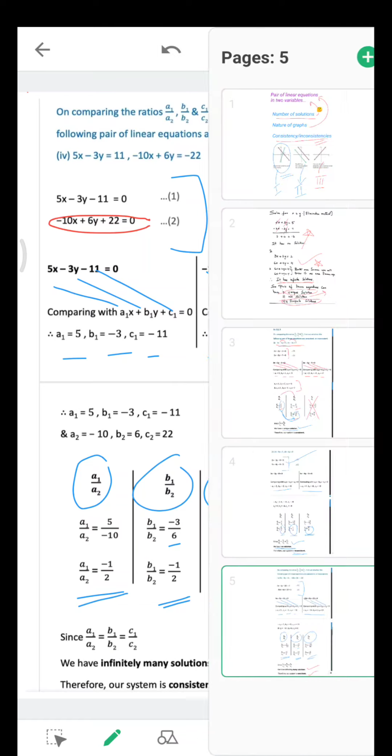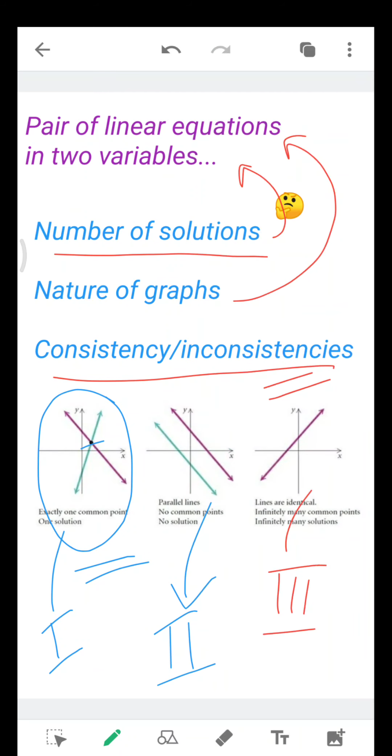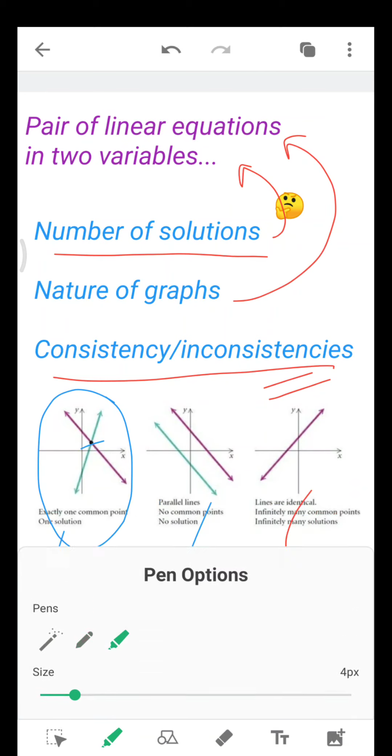So these are the three different ways which we can have in a pair of linear equations: unique solution, infinitely many solutions, and no solution. For unique solution, the graph will be intersecting lines.